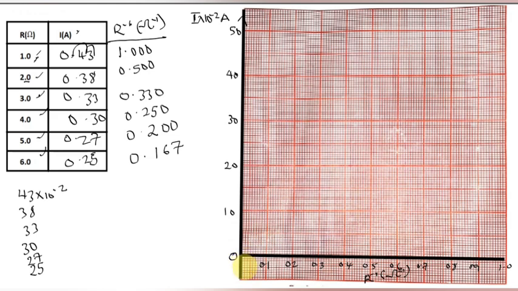It's going to be 0.01, 0.02, 0.03, 0.04, 0.05, 0.06, 0.07, 0.08, 0.09, and 0.1. Okay, so let's plot the point here.